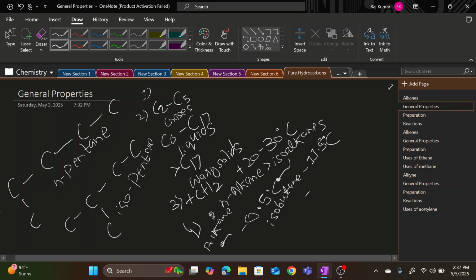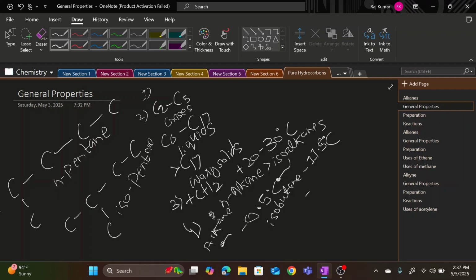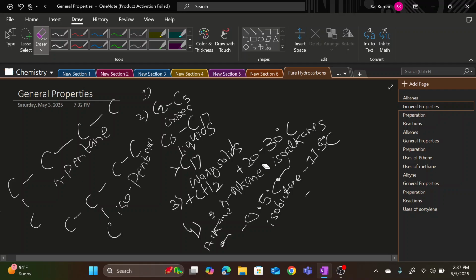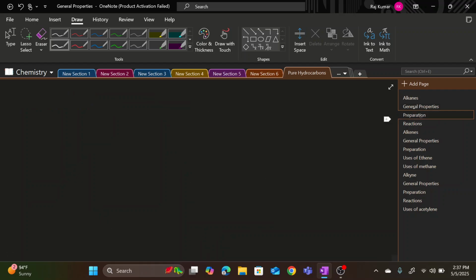Now, if you look into this, what we'll actually get is that the side chain makes the alkane more stable, due to which the isoalkanes would have a greater melting point than an alkane. For example, isobutane has minus 0.5 centigrade as a melting point, and for n-alkanes it is minus 11.5 centigrade.